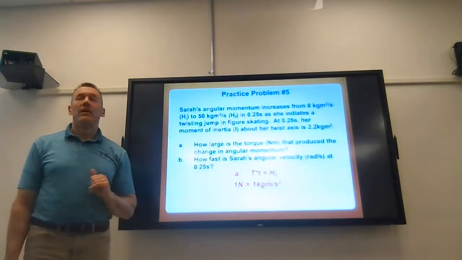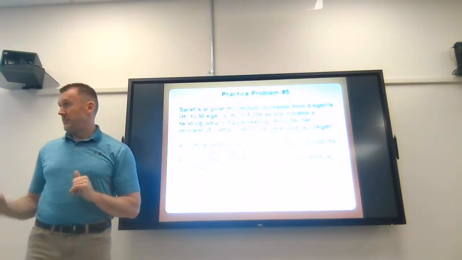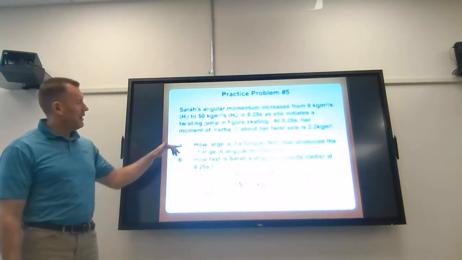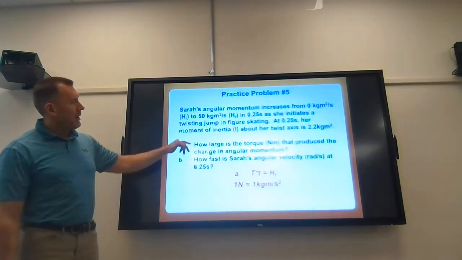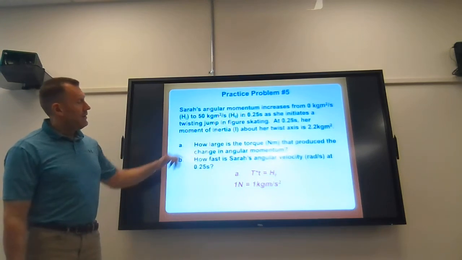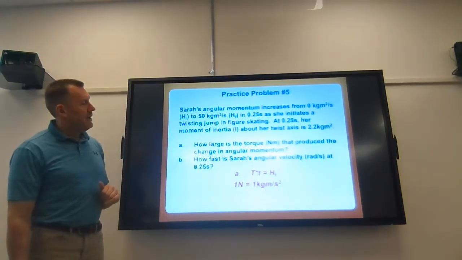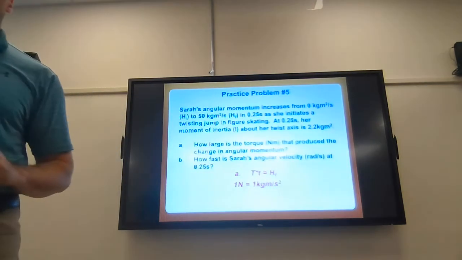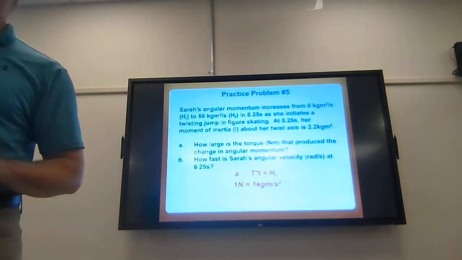Okay, so in this case, you're given two questions. Let's take the first question, part A. How large is the torque that produced the change in angular momentum? So this is our angular impulse-angular momentum relationship.